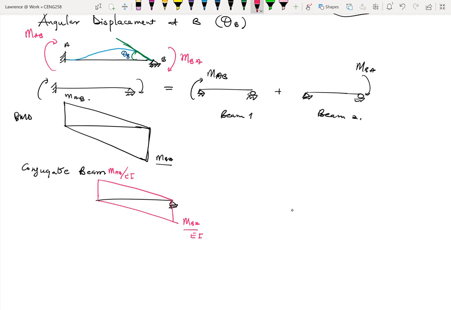We need to find VB prime, which is the same as theta B. The same idea as how we solved the first one is what we use to solve this one.